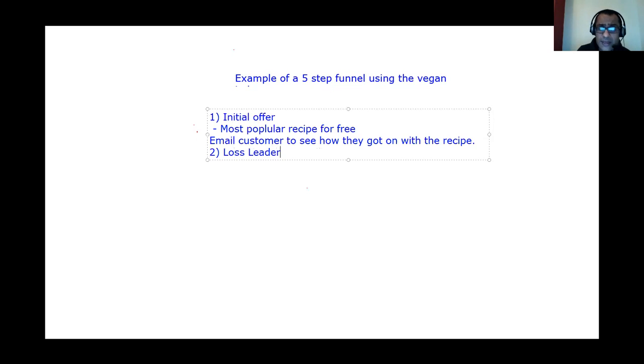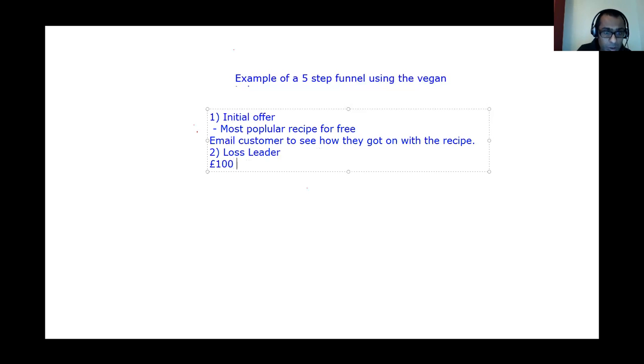Maybe there's an information product that I've created about what is vegan, products to look out for, products that have animal products in there that you wouldn't be aware of, and say that is charged at £100. I may sell that for £10.